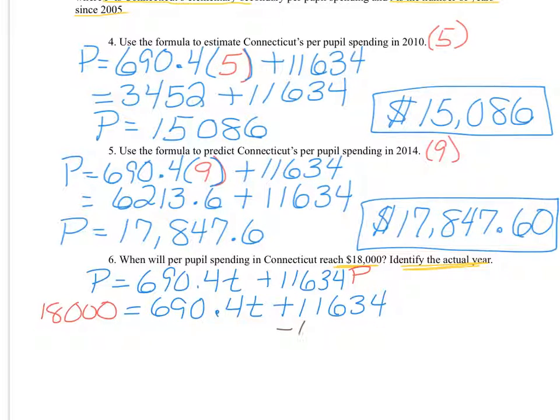So that's what we're doing, minus 11,634 on both sides.